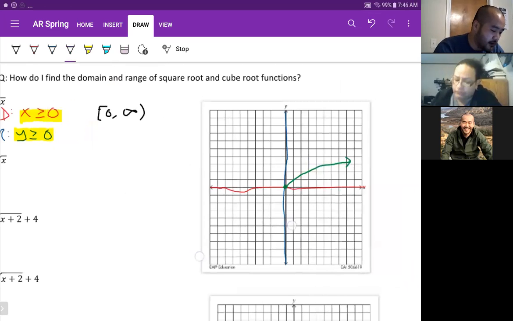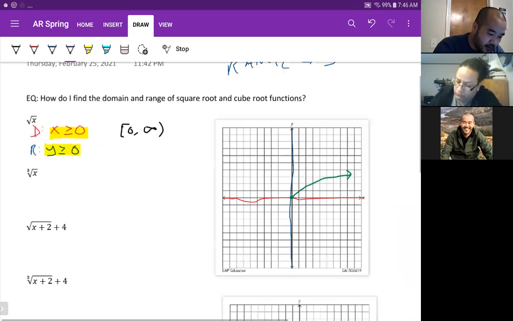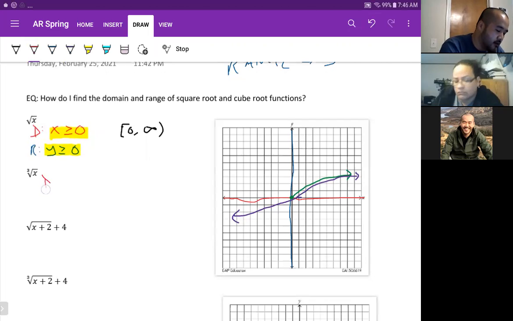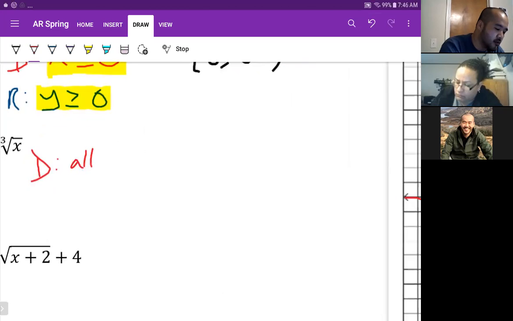So for the cube root of x, it'll look similar to this. It'll do this again, but now you also have it going this way. So it looks like the cube root function, but it's turned sideways. The domain is going to be all real numbers.